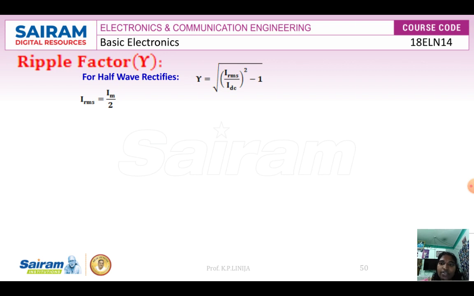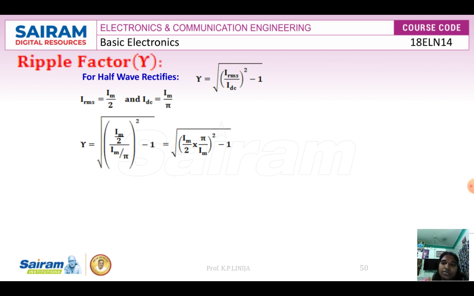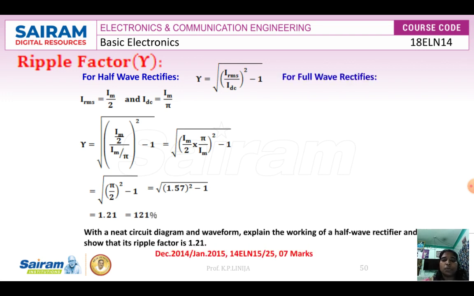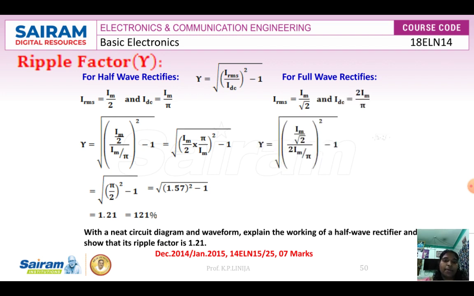Then for the half wave rectifier, right? Therefore, the ripple factor for the half wave rectifier is equal to what? 1.21. We know the value for IRMS, we know the value for IDC. Already we have derived. And same way for the full wave rectifier, the IRMS value differs: Im by root 2 and 2Im by pi.